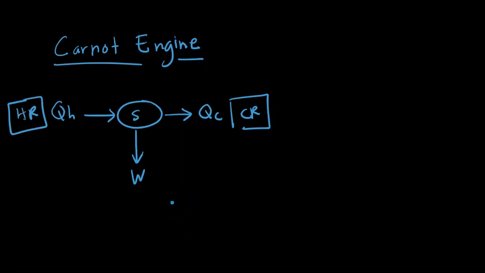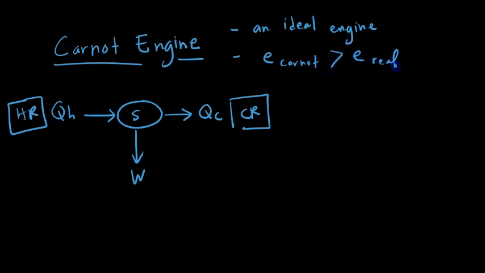Okay, so a Carnot engine is also a heat engine. However, it is an ideal case for an engine. An ideal engine, which means that the efficiency of a Carnot engine must be greater than the efficiency of a real engine.